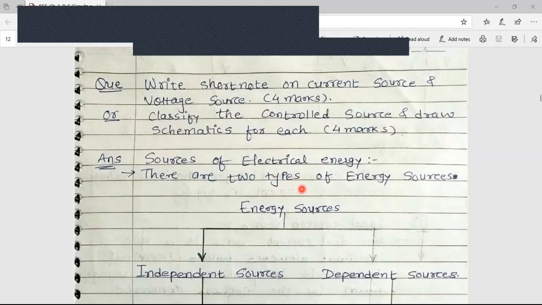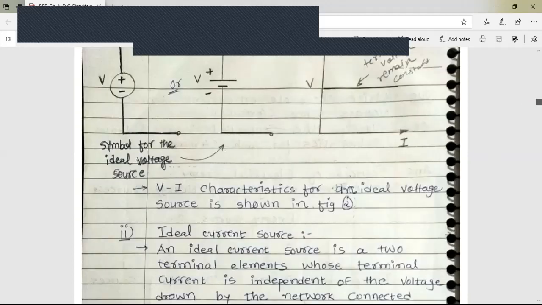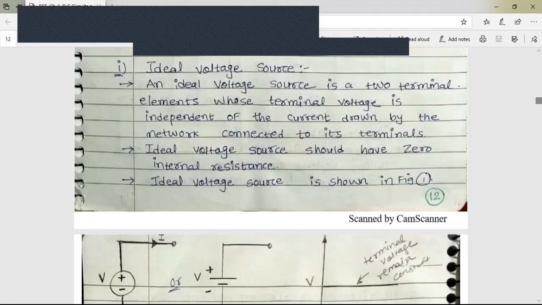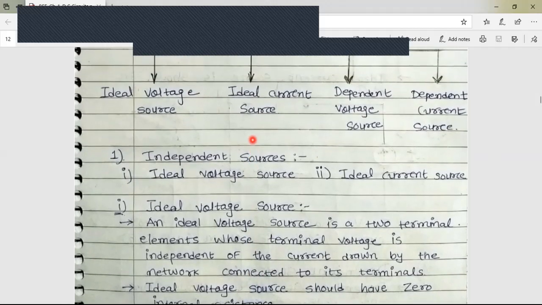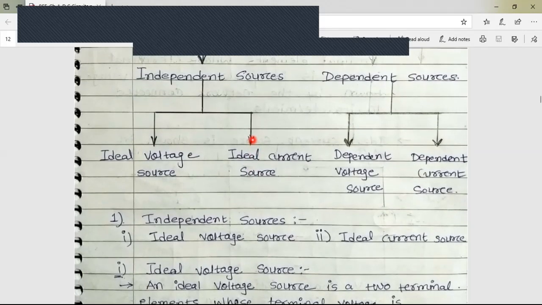So we'll start with the types of energy sources. There are primarily two types of energy sources: independent sources and dependent sources. Independent sources are again divided into two parts: ideal voltage source and ideal current source.